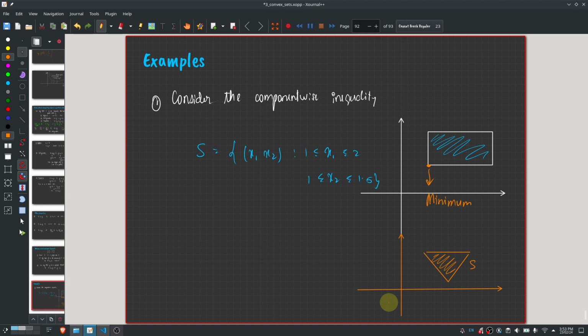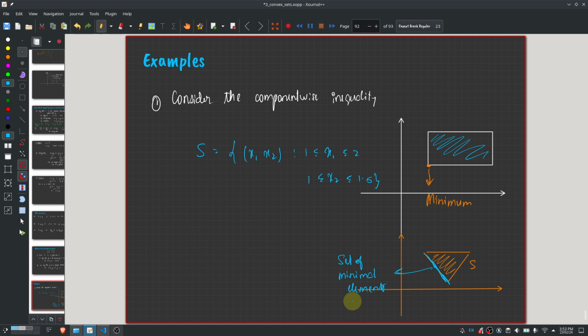It does not have a minimum, but does it have some set of minimal elements? What would be the set of minimal elements? It would basically be this boundary. This is again just geometric, but you should also try to prove this analytically.